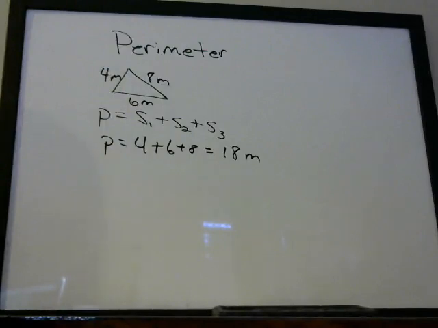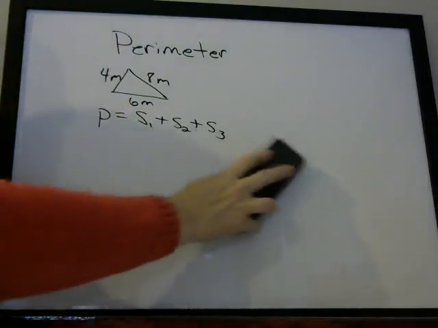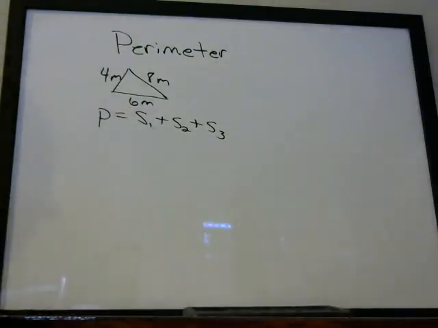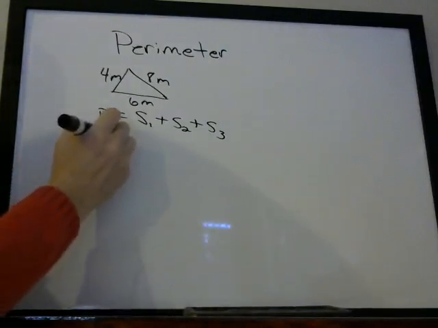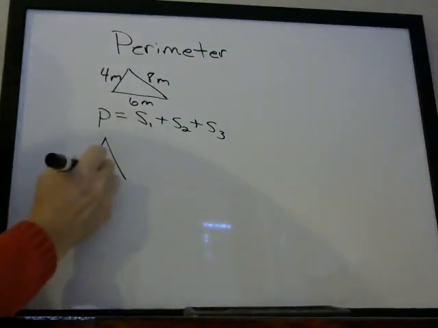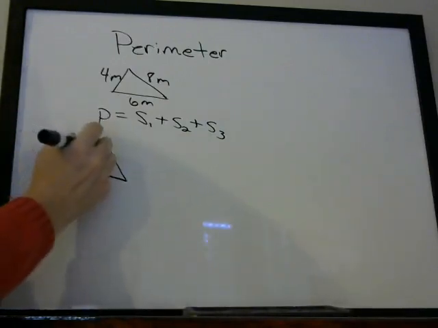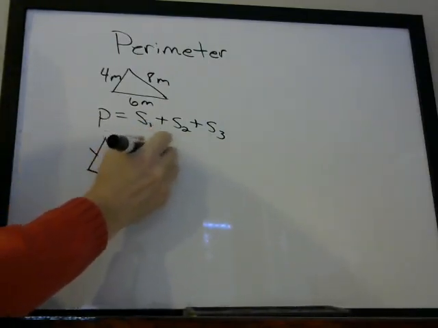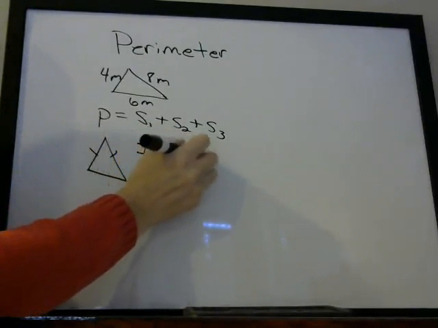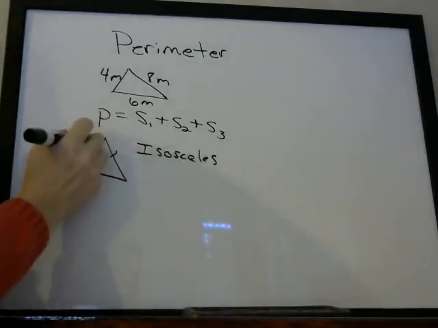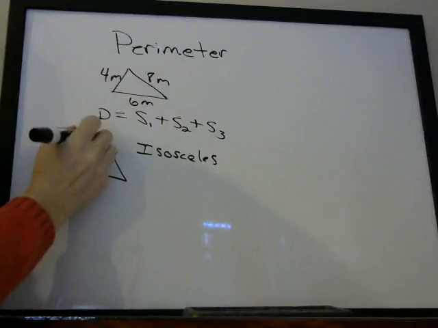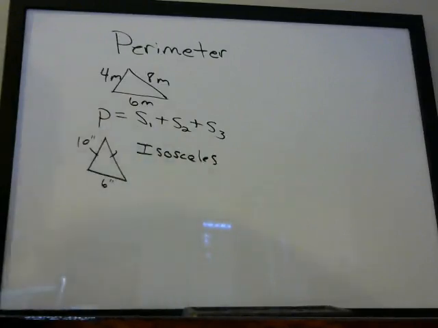That's what perimeter means. Now, if you haven't watched the part 1 video for triangles that is on the Facebook page, you need to watch that because you need to know a couple of terms that they're going to throw in on these kinds of problems. They might tell you you have an isosceles triangle, and this is 10 inches and this is 6 inches.